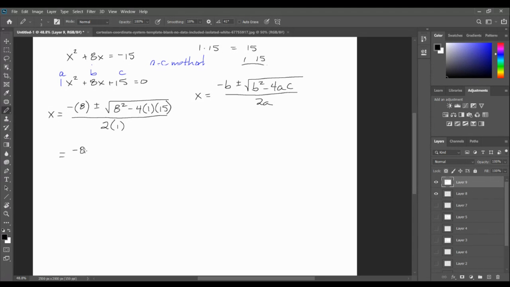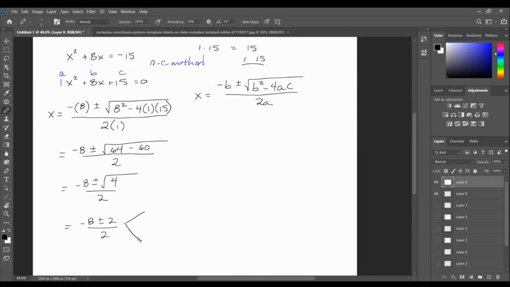So that gives me negative 8 plus or minus the square root. 8 squared is 64. 4 times 15 is 60, all over 2. So that's negative 8 plus or minus the square root of 4 over 2, or negative 8 plus or minus 2 over 2.